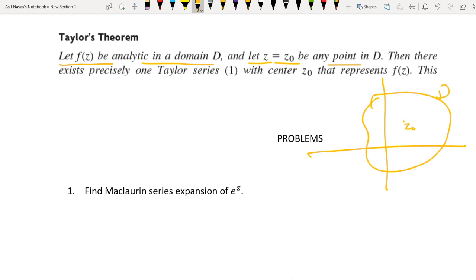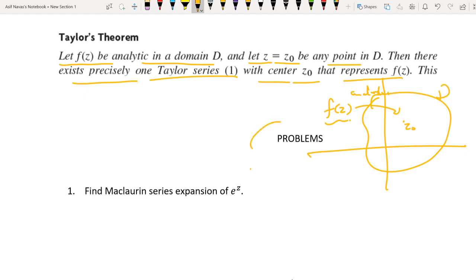If z naught is a point and f of z is analytic at z naught, then there is precisely one Taylor series with the center z naught that represents f of z. So if you have any Taylor series representation of f at z naught, that must be unique. There is one and only one Taylor series expansion.